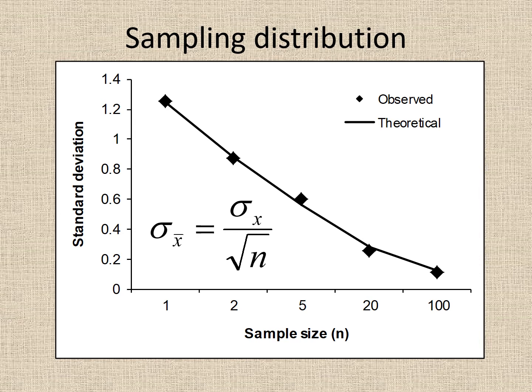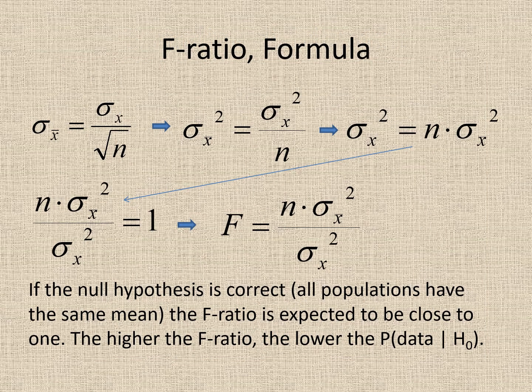So let's do something with this formula. Standard error is standard deviation divided by the square root of the sample size. We square all the terms here. What does this say? Well, it says variance between sample means is the same as variance between individual values divided by sample size.